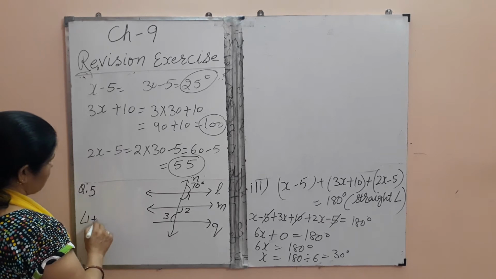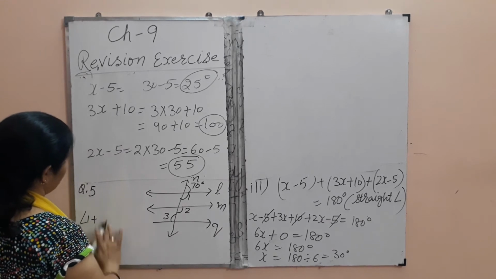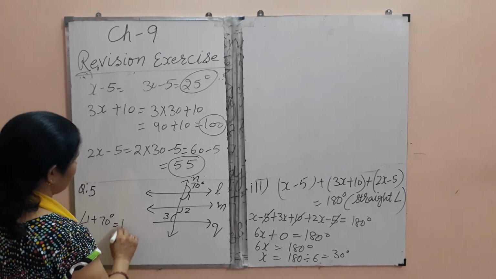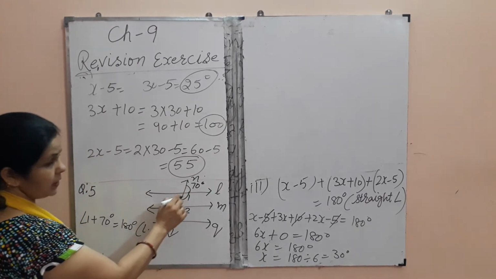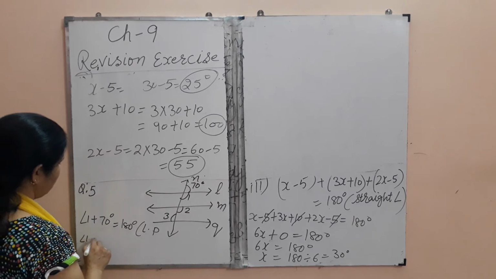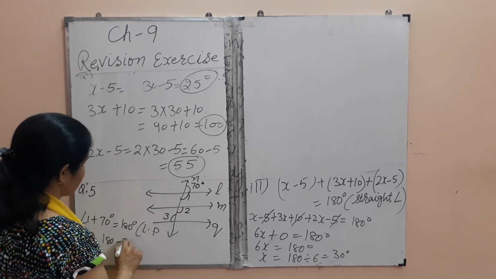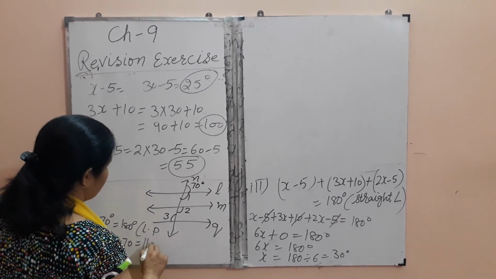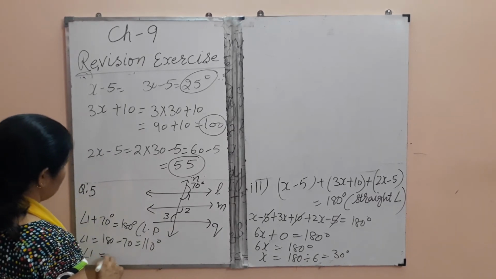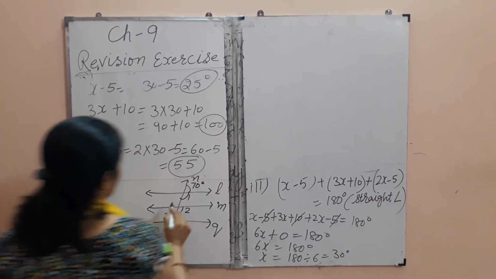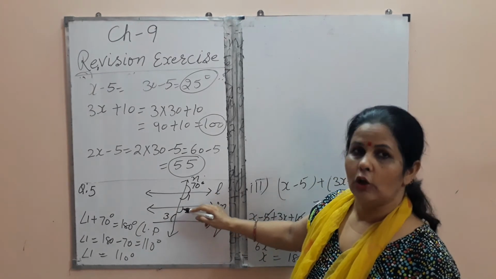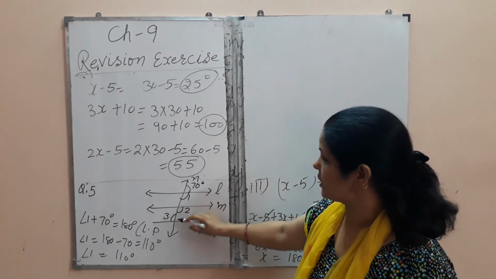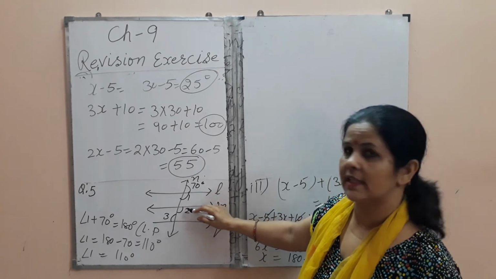Angle 1 plus 70 degrees equals 180 degrees. Linear pair. These two are making a linear pair. Angle 1 equals 180 minus 70 equals 110 degrees. So angle 1 equals 110 degrees. Now angle 1 and angle 2 are corresponding angles, on the same side of the transversal, one interior and one exterior.